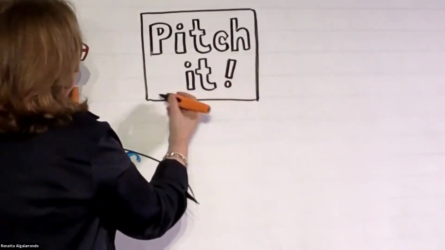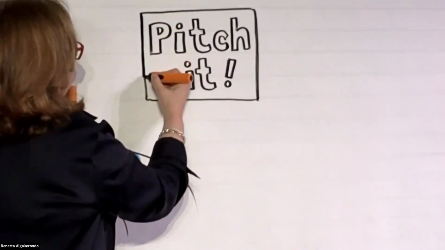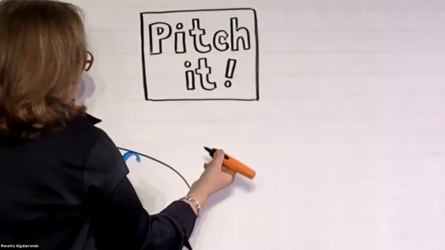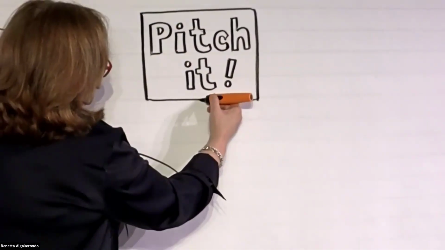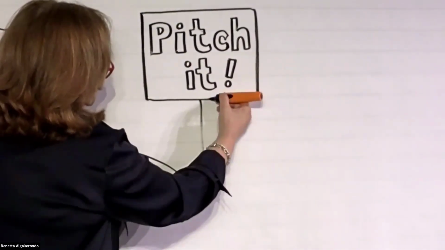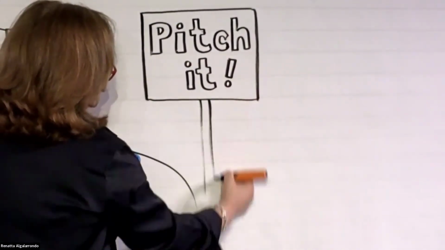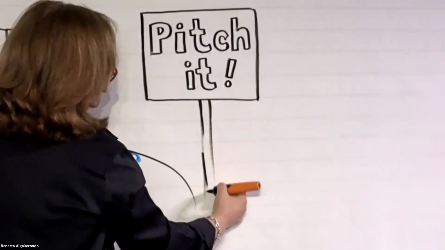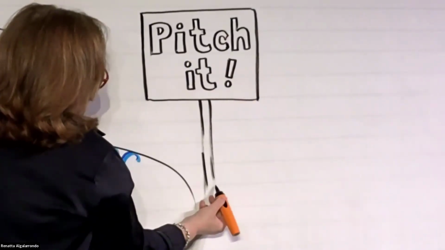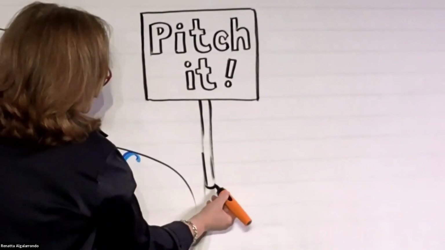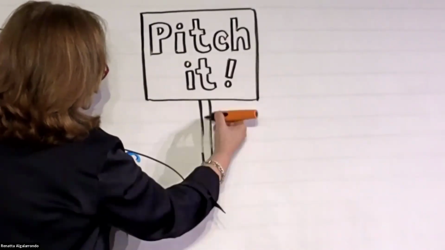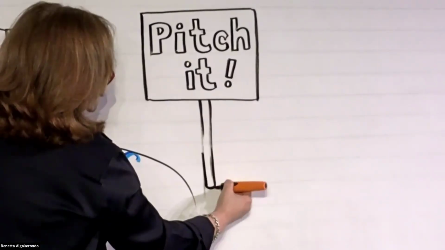It's going to be a square or a rectangle, right? And for the pole, let's do 2 vertical lines. And if we round the end of the pole, it gives a little bit of an idea that it's a pole.